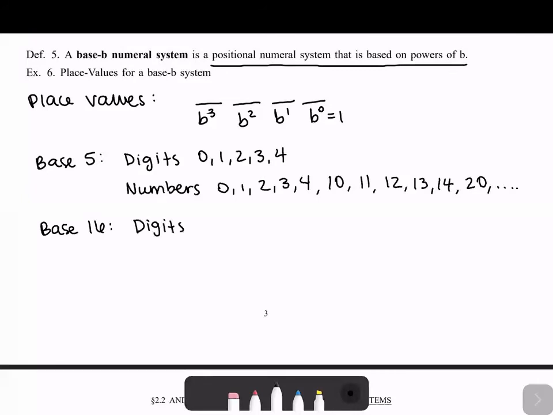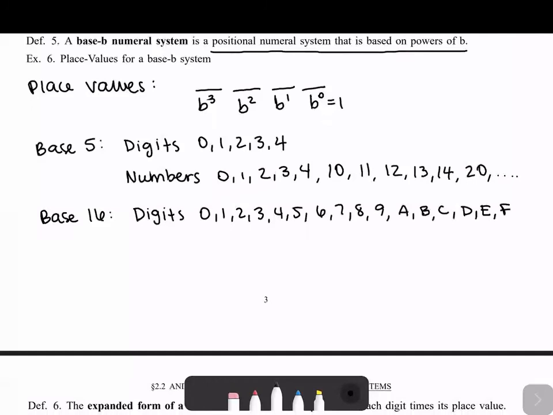We have the same thing, 0 to 9. Right, we have 0 to 9, but now instead of writing 10, 11, 12, 13, 14, 15, 16, we instead go to letters, where 10 is represented by A, 11 is B, 12 is C, 13 is D, 14 is E, 15 is F. So we have digits 0 through 9 and A through F. And so these are some numbers that we have.